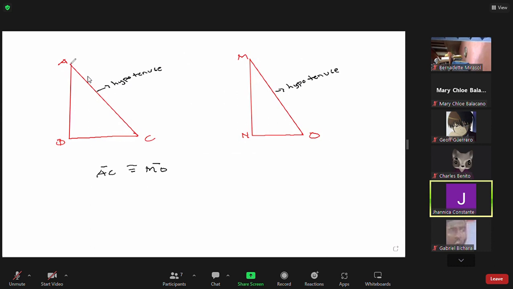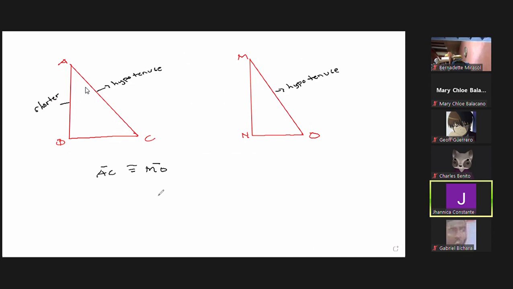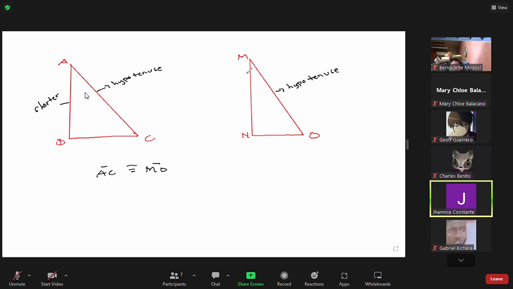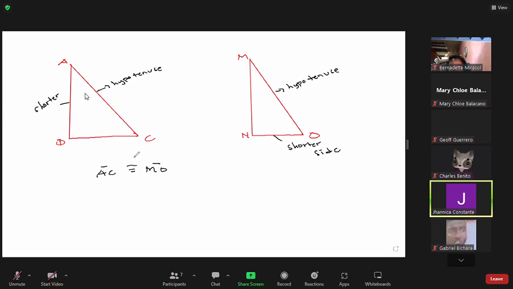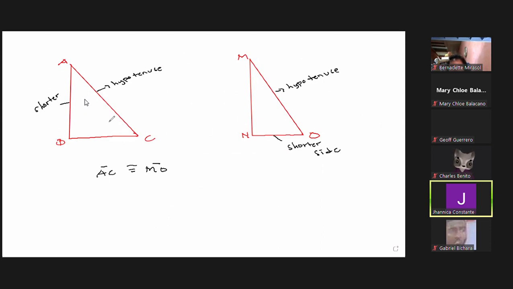The shorter side of triangle ABC is side AB. This one is the shorter side. And in the triangle MNO, the shorter side is NO. So that means these two shorter sides of the two triangles that we have are the corresponding parts of our triangle.